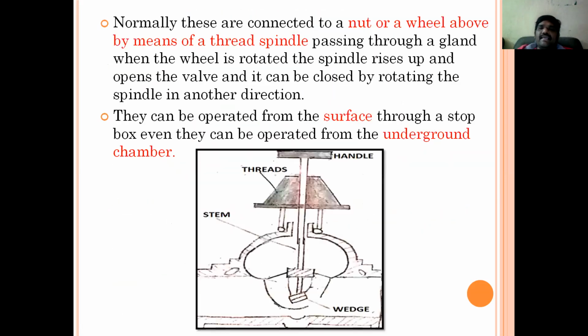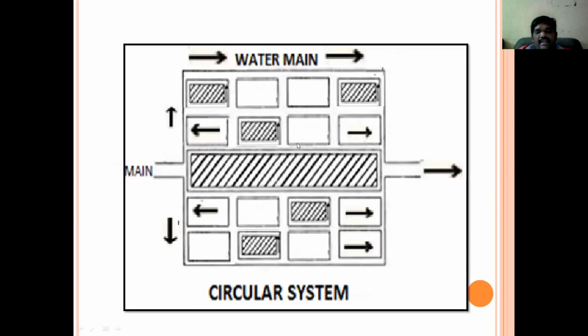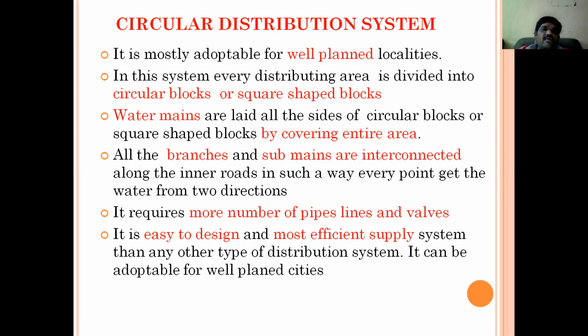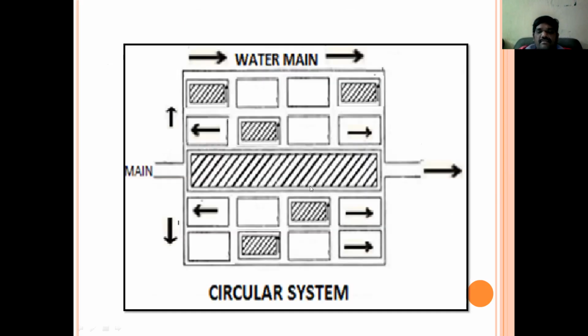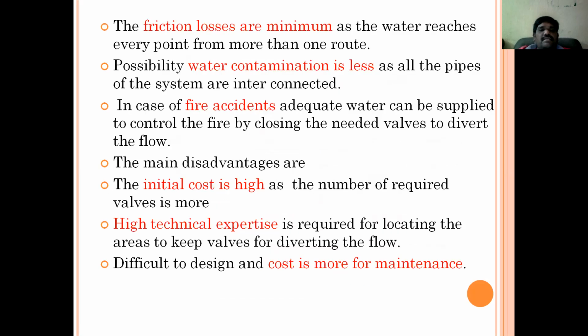See here, everywhere we encounter one particular point: a number of valves are required. See here, initial cost is high, and here one more point: needed valves, closing the needed valves to divert the flow.